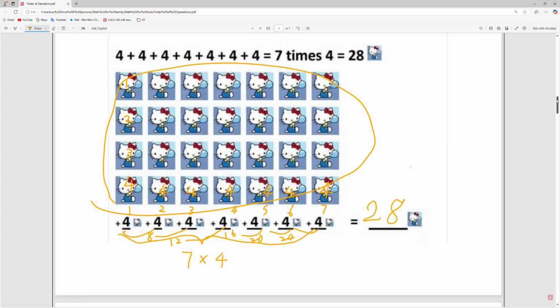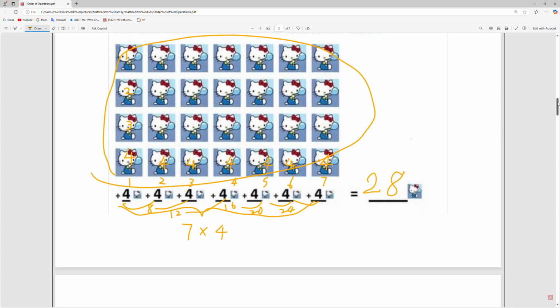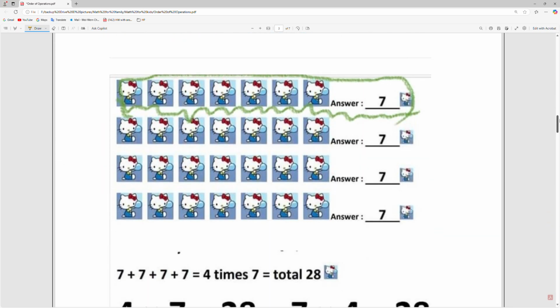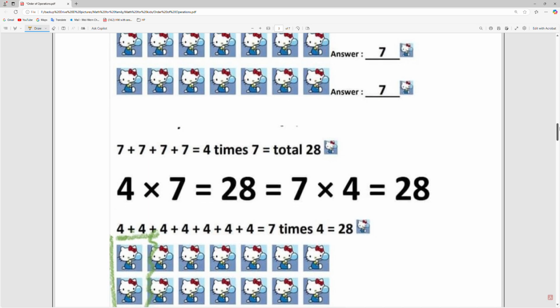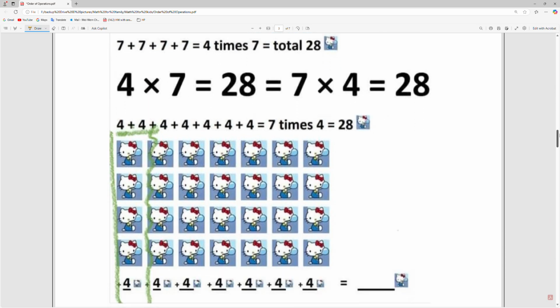So we keep going. When you have the same amount of soldiers standing there, you can either calculate by the row, so you have 4 times 7, or you may calculate by the column, so you have 7 times 4, the same as 4 times 7, because you are talking about the same amount of soldiers standing there.